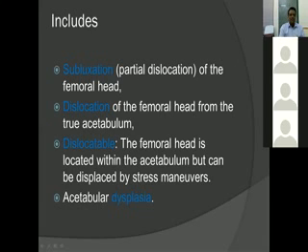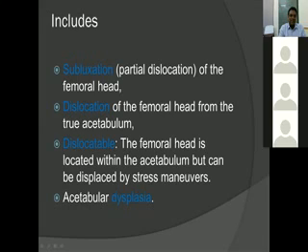So it includes, as I just now told, subluxation of the hip joint, dislocation of the hip joint, and even the hip joint may be normal but dislocatable, where the femoral head is located within the acetabulum. Because of the ligament laxity present during birth, the joint can be dislocatable. The other term is dysplasia.